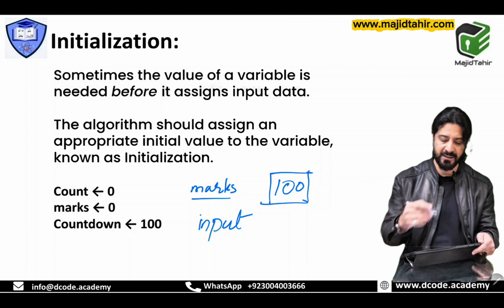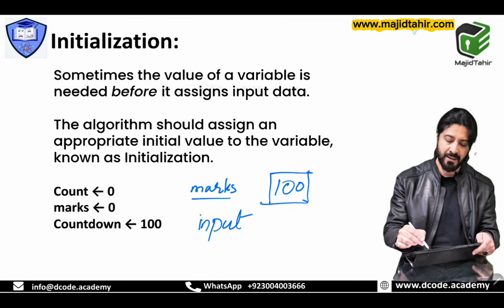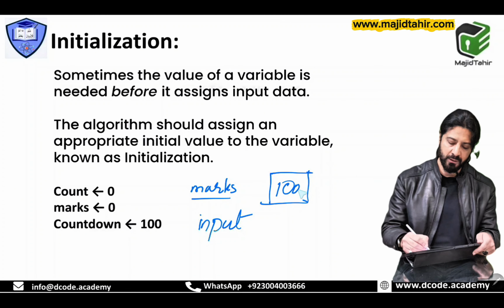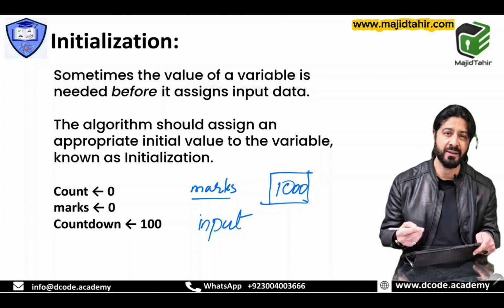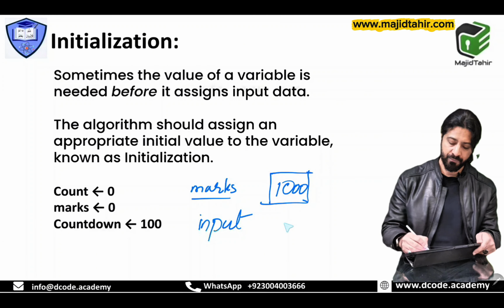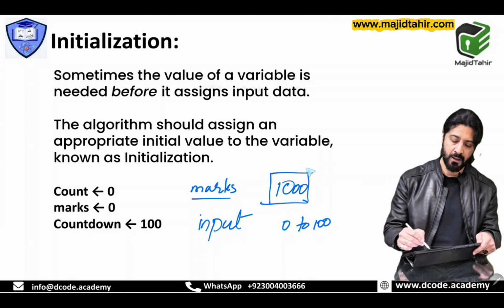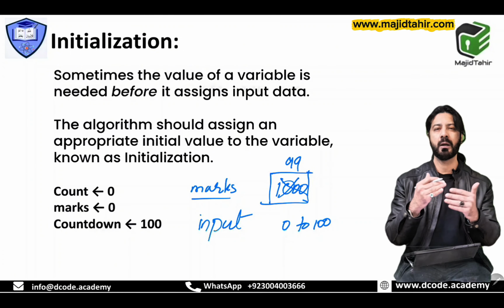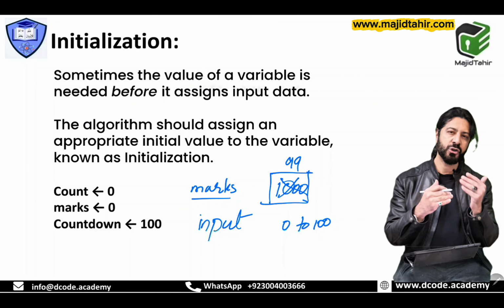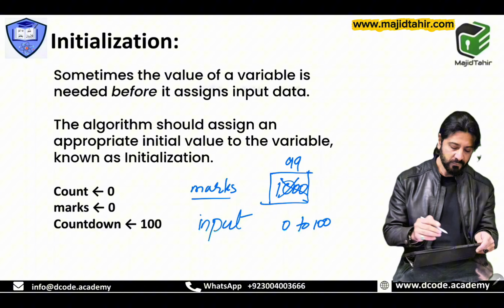If a user has mistakenly input a value of, let's suppose, 1000, and there is a check that the user cannot input less than 0 or more than 100, then the program will ask the user to enter another value, and the user can input 99 or 100. So you see, the value of a variable will keep on changing while the program is running.